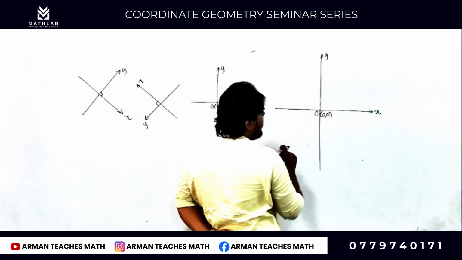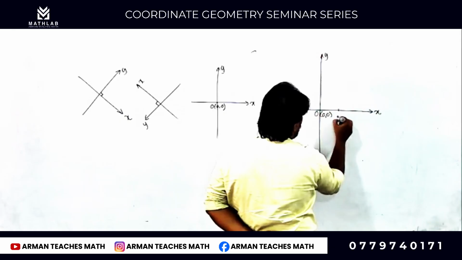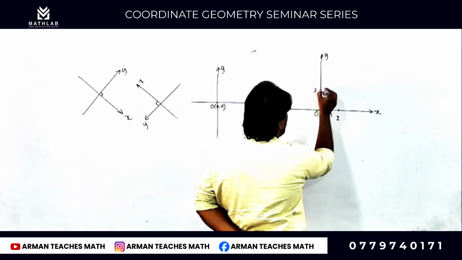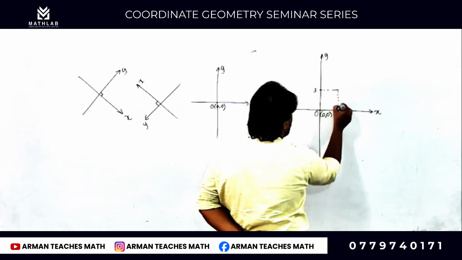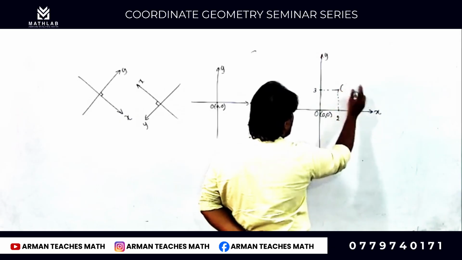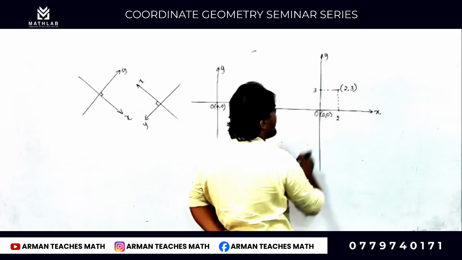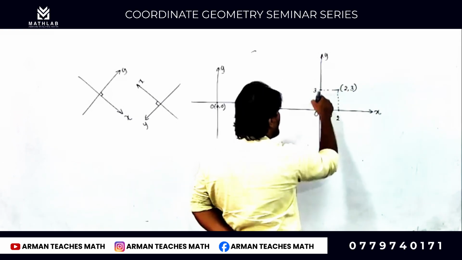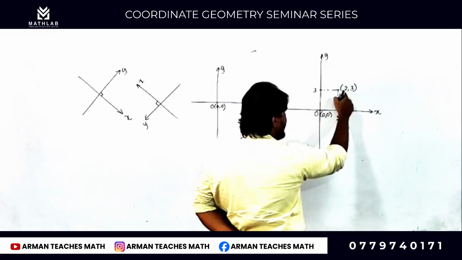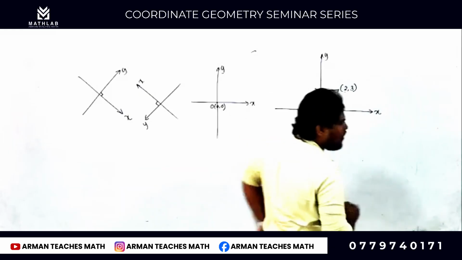Let's mark the point 2, 3. This coordinate has x coordinate 2 and y coordinate 3. This is the address. Remember, we always write the x coordinate first and then the y coordinate.